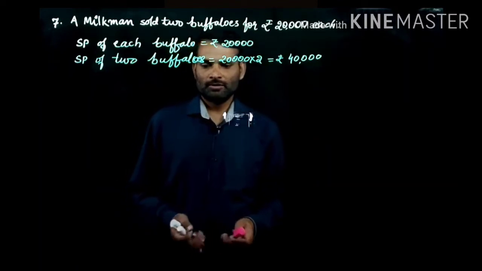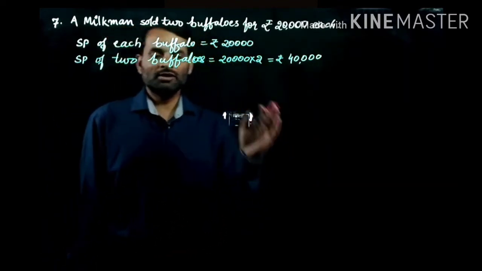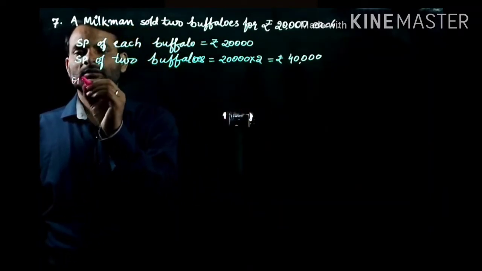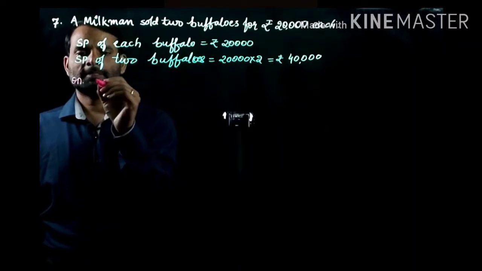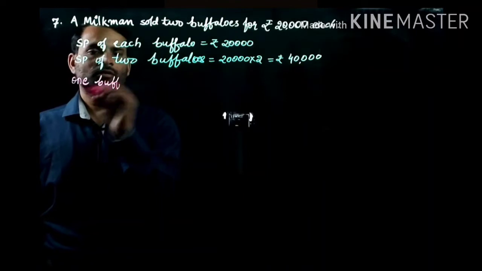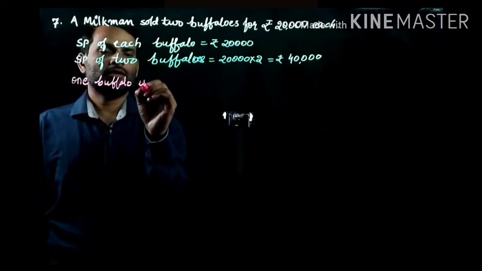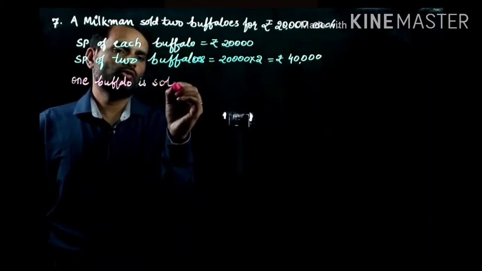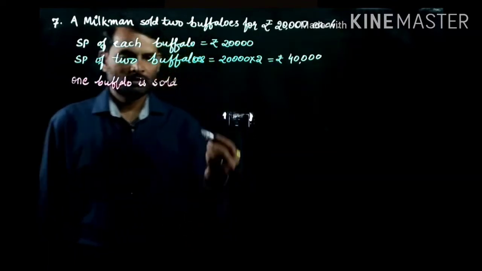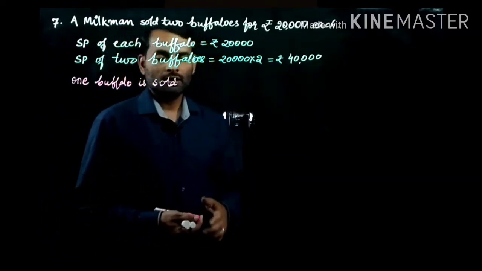The first has a 5% gain after being sold. So you write: 1 buffalo is sold, and on 1 buffalo sold there is how many percent gain?